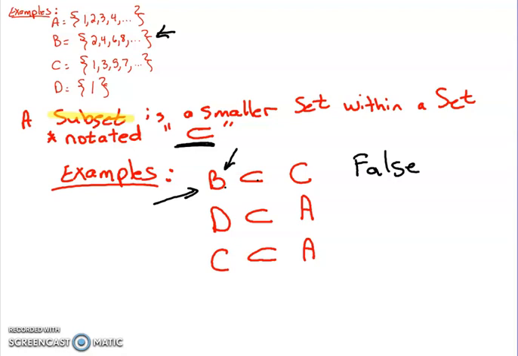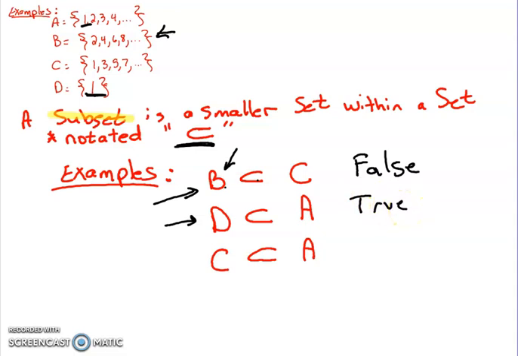You have to actually look at the elements inside. Let's look at the next one, set D. The set D is a subset of A. Is D inside of A? Yes, it is. The set D is inside of A. So that would be a true statement.